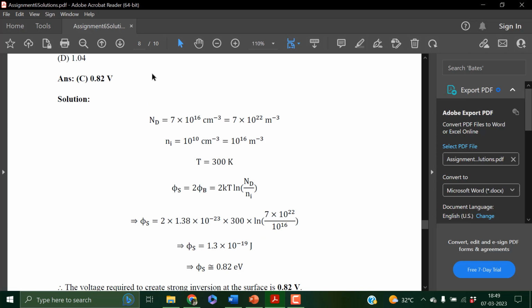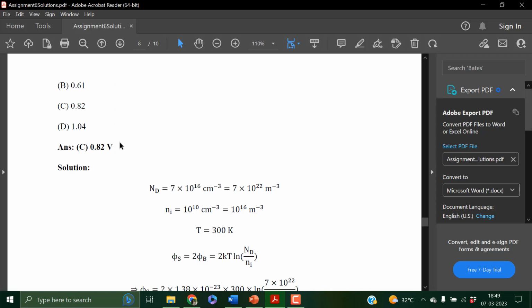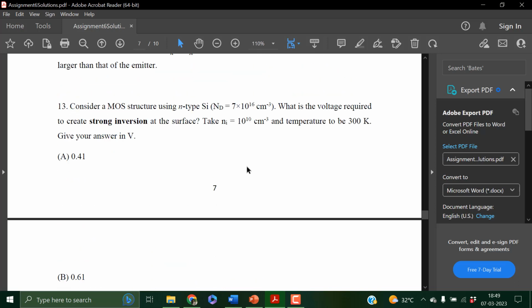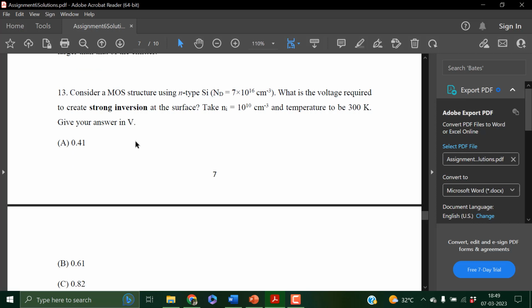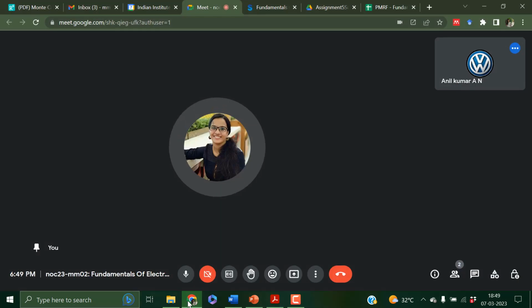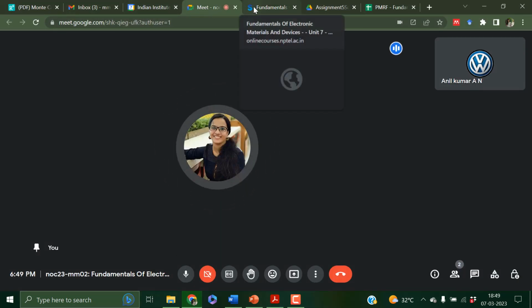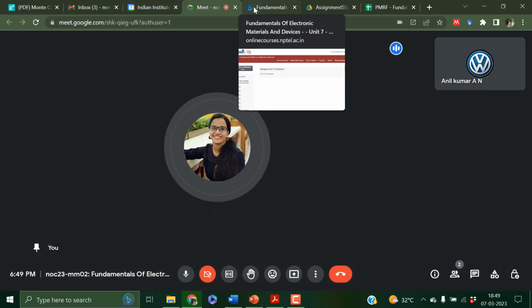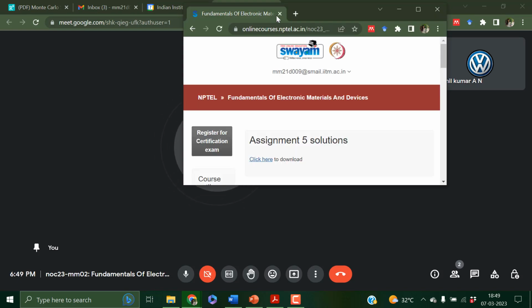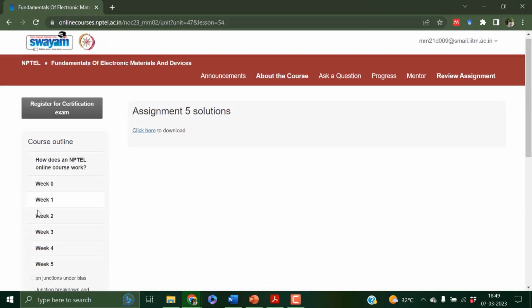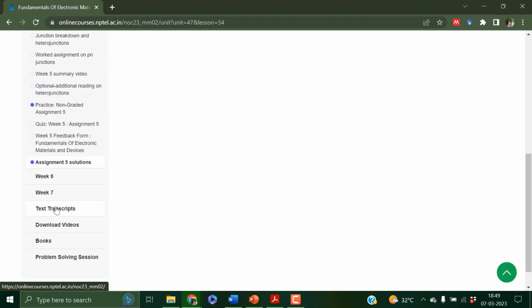No, 0.82 is there, right? But they are asking in millivolt, madam. Millivolt? No, you're supposed to give the answer in volts, because if you ask in millivolt, all the options will be wrong. Yes, ma'am, it should be in electron volts.